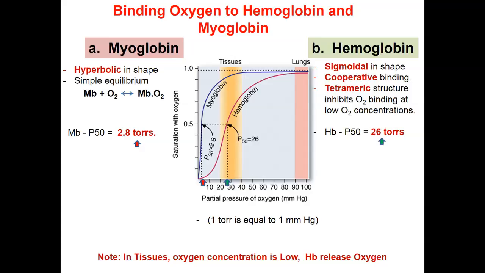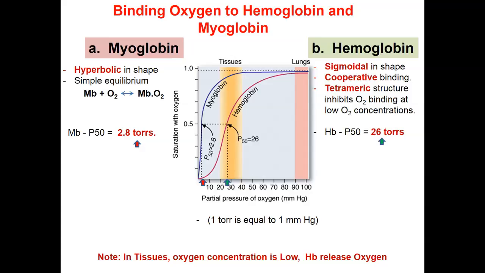Hemoglobin can go to the lung and pick up oxygen. When it comes to the tissues, when the oxygen concentration is low, it will release it because the affinity is not that high. You bind to it when it's high, but don't bind to it when it's low. Because of that, hemoglobin can release oxygen to tissues.